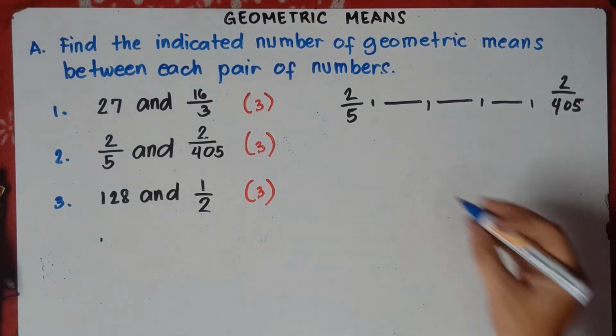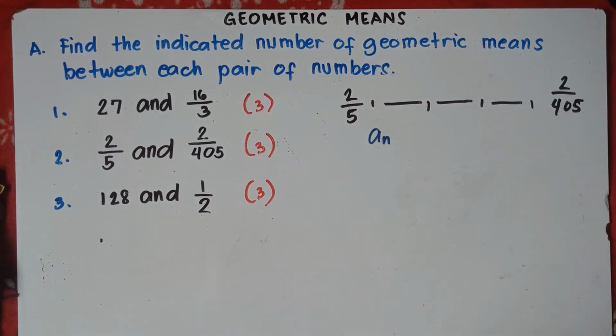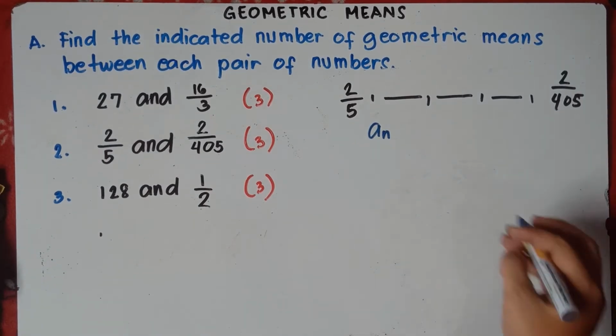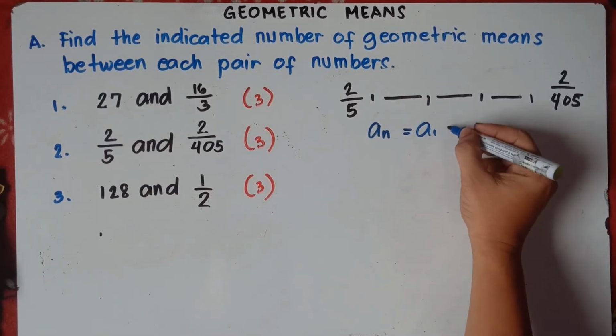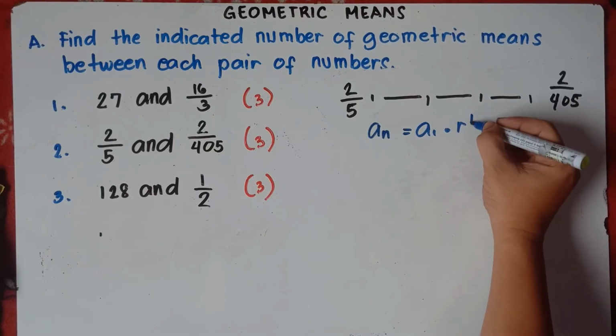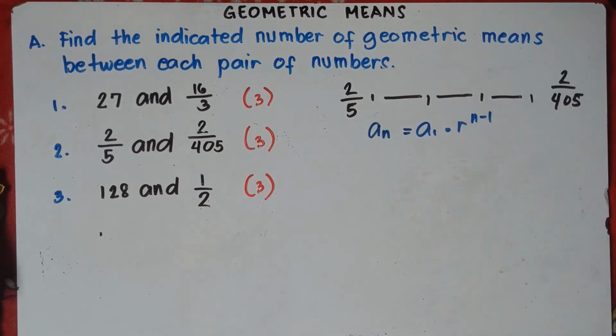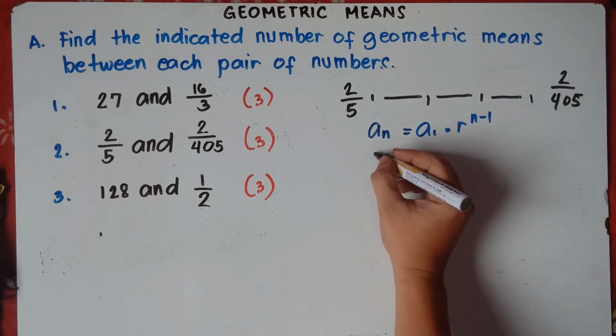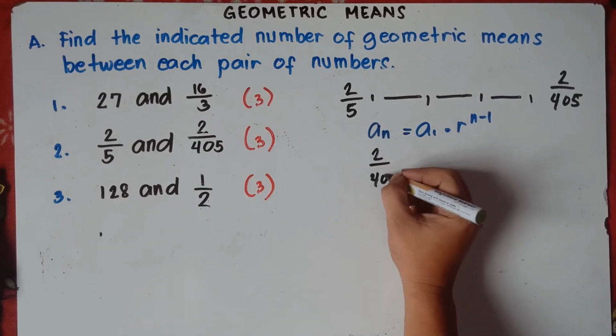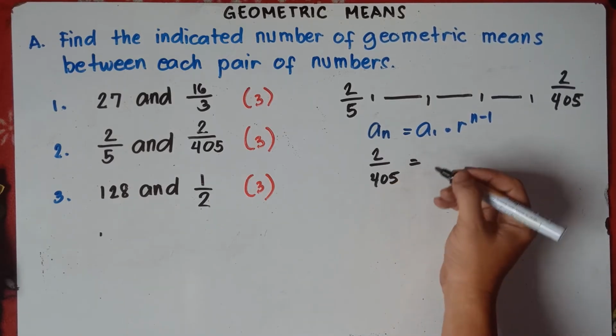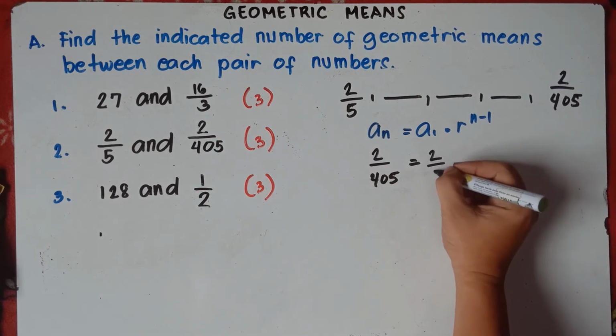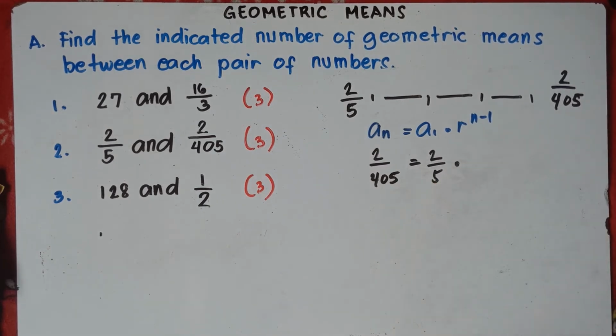So the equation is a sub n equals the first term times r raised to the power of n minus 1. a sub n is the last term, so that would be 2 over 405 equals the first term, 2 over 5, times the common ratio.